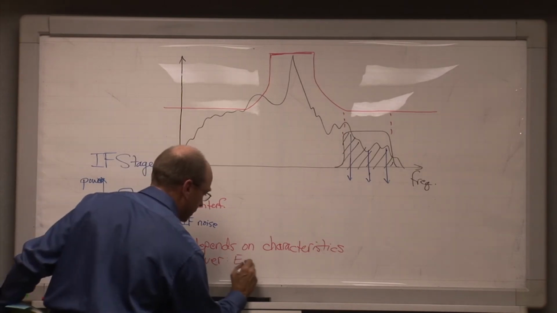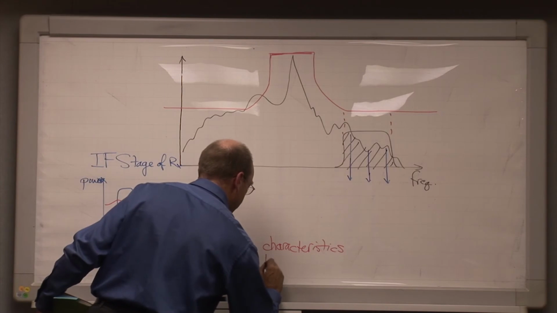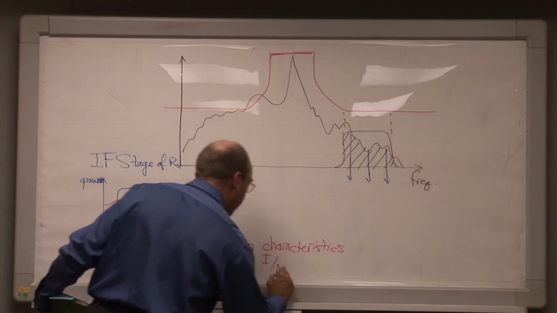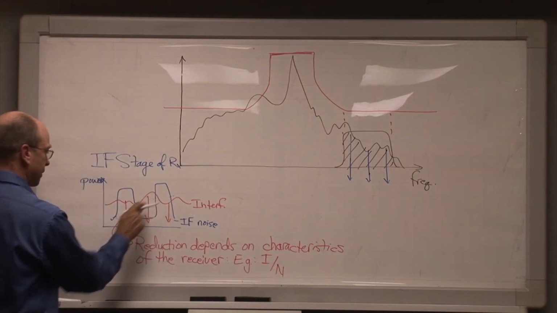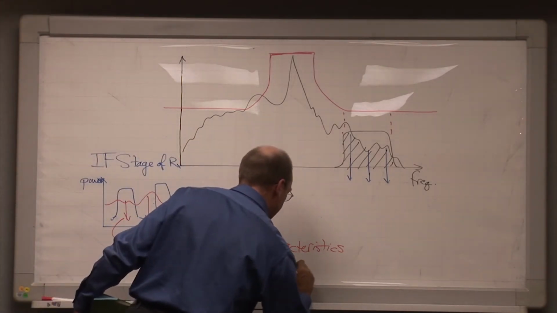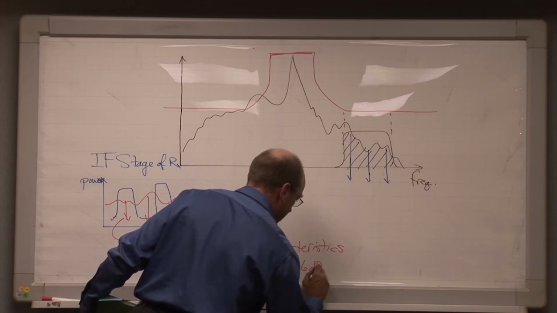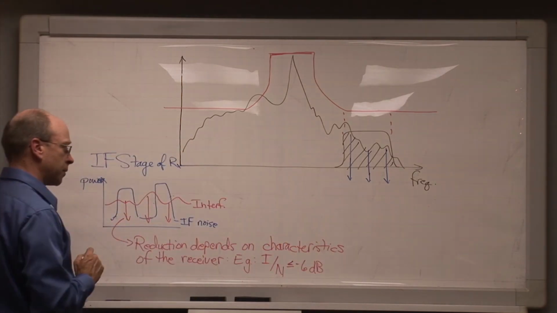For example, we might have to get down to an interference to noise ratio, that's the level of this interference to the noise of the IF receiver, that might have to be less than or equal to, let's say, -6 dB for some types of systems.